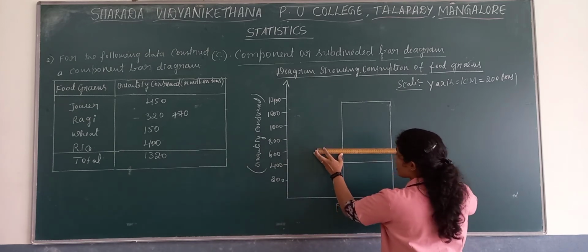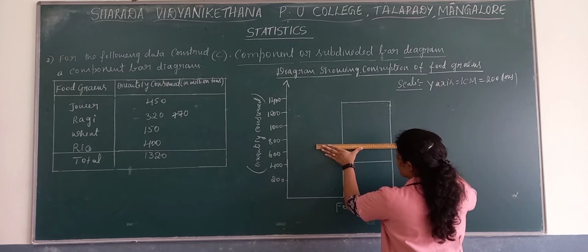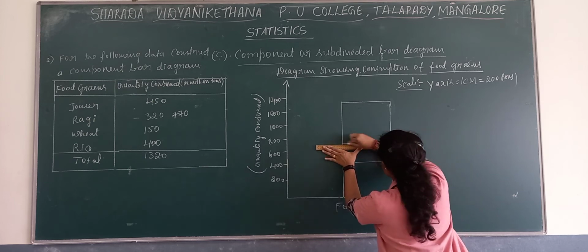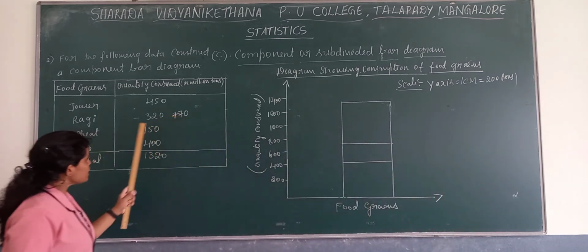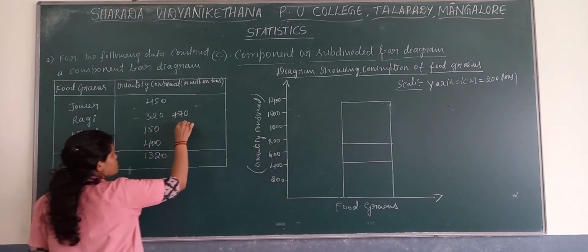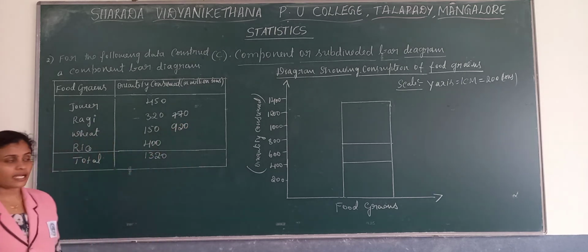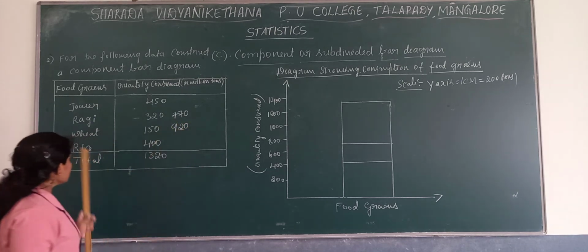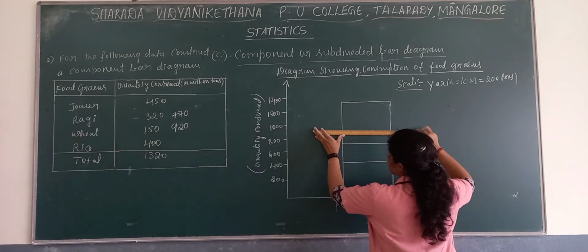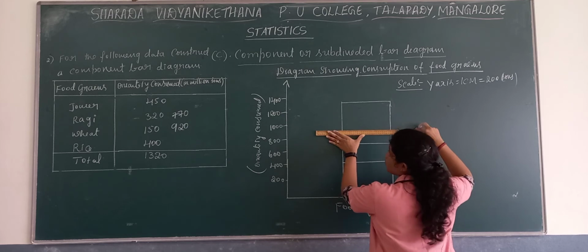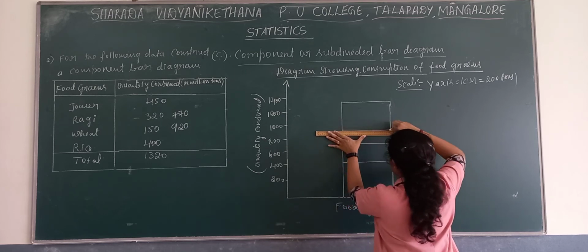Next, 770 plus 150 gives 920. That is wheat 150, but when we make it cumulative it comes to 920.